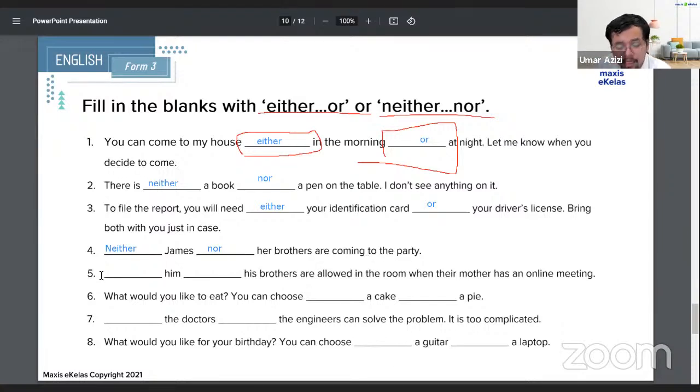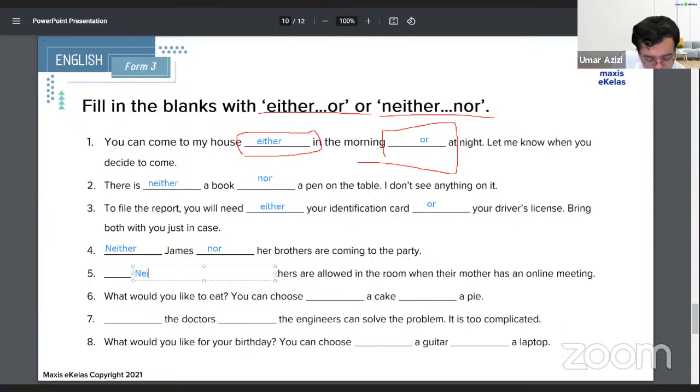Question number 5. Again, blank him, blank his brothers are allowed in the room when their mother has an online meeting. Damiao answers first with neither him nor his brothers.